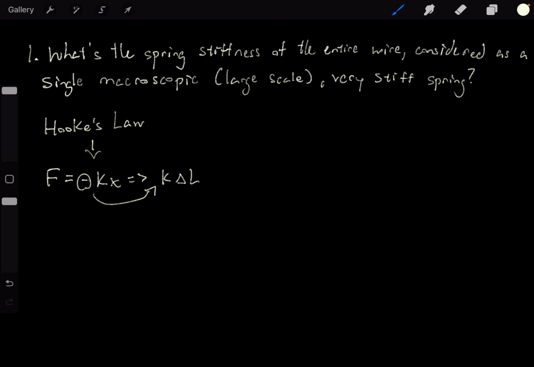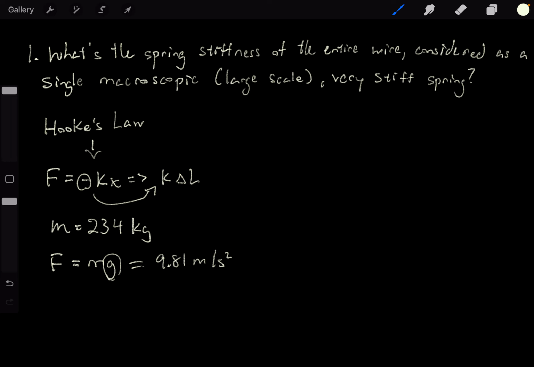Now, given the mass M is 234 kilograms, it's attached to a wire, we know that the force applied to the wire is due to gravity, which we can also calculate with an equation of F equals mg, with g equaling 9.81 meters per second squared, the constant.